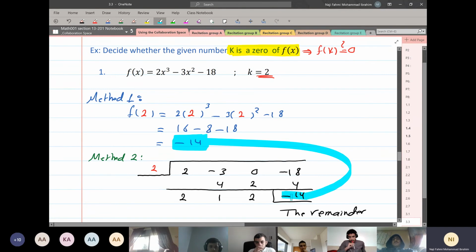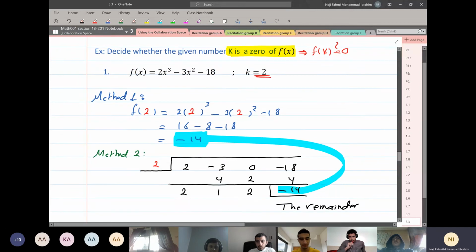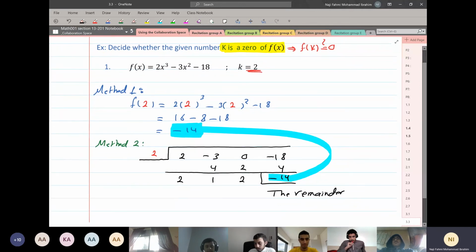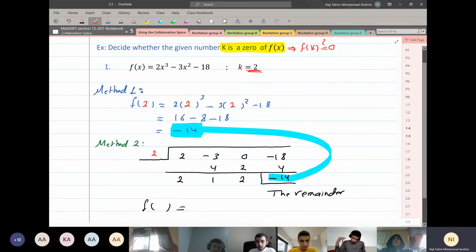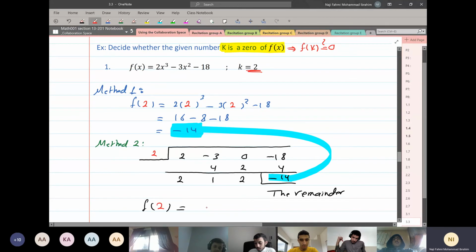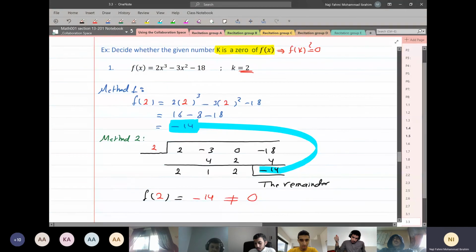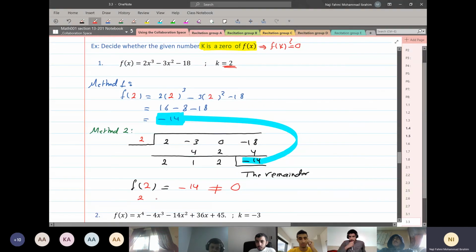Yes. And this is the remainder theorem. This is what the remainder theorem says. So I will say that f of 2 is equal to negative 14. Now, is this negative 14 equal to 0? Of course, no. So we'll say that 2 is not a 0 of f of x.